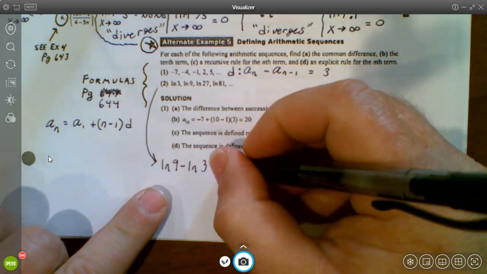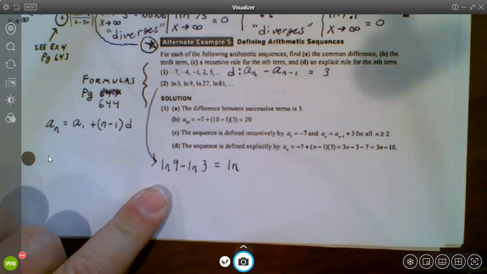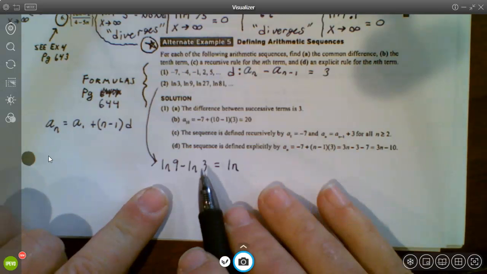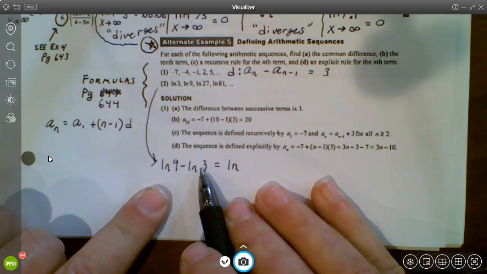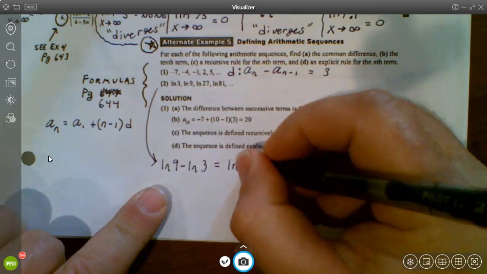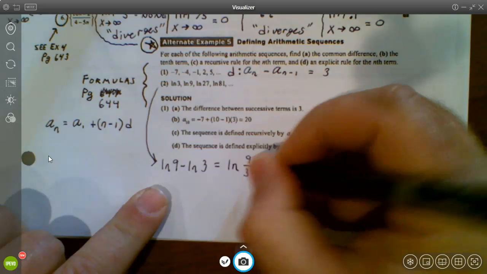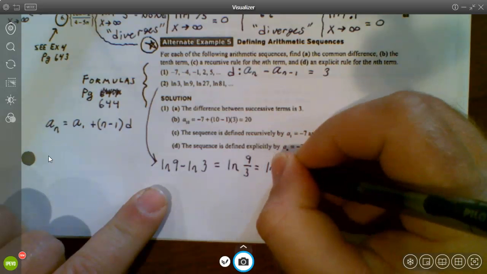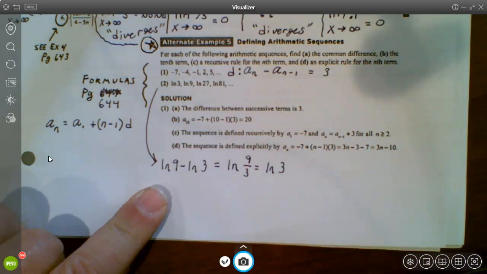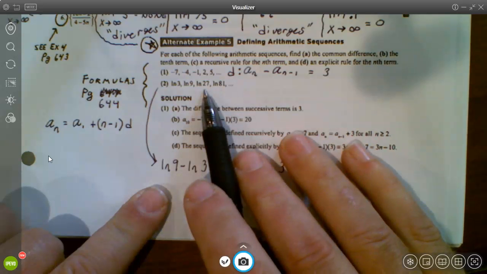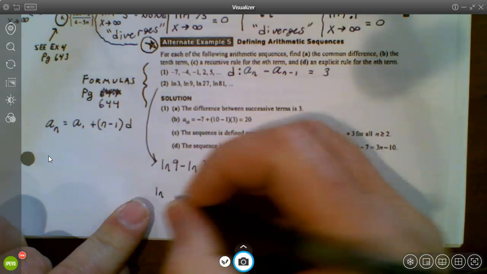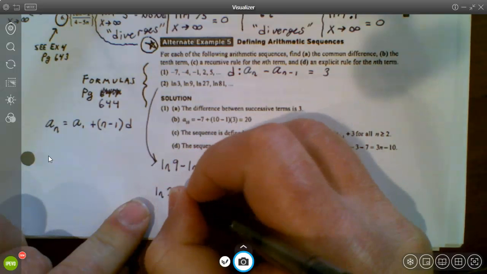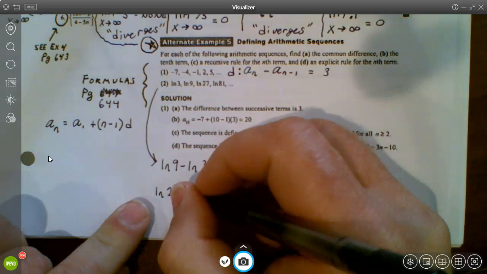So the way we did this earlier this year was to say, let's combine it to a single log where it's this guy over this guy, which is obviously natural log of 3. Let's see if that's consistent. Well, what if I did that with this one and this one? So if I again said, what's the natural log of 27 minus the natural log of 9.